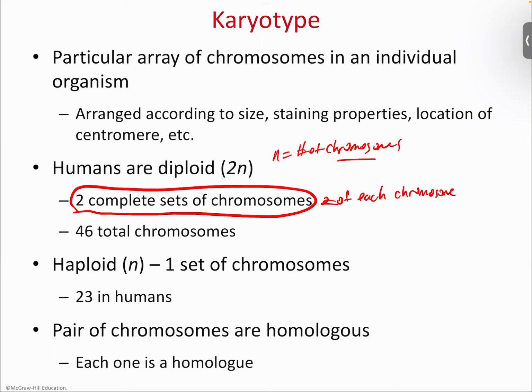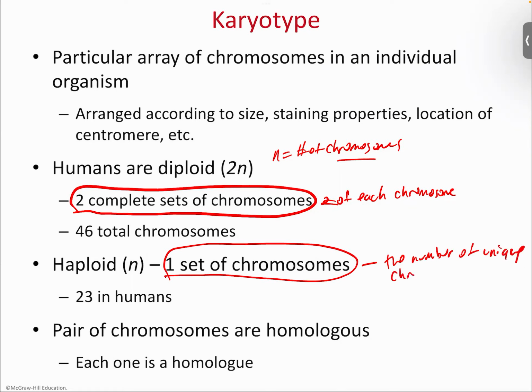Of course, we have 46 of them. Now the haploid set is where you only have one set of chromosomes. It also can be defined as the number of unique chromosomes in the genome.